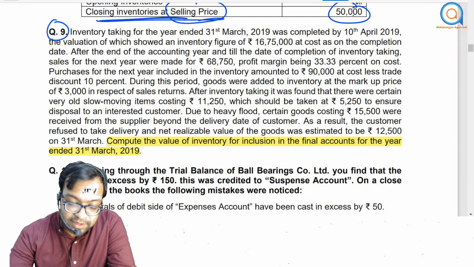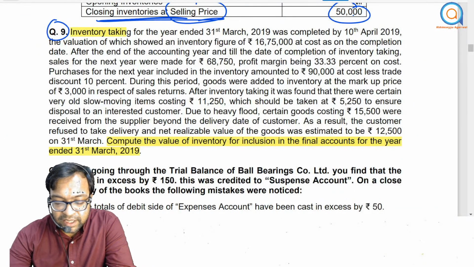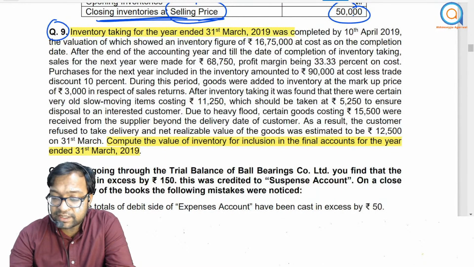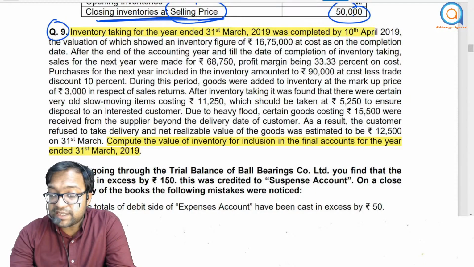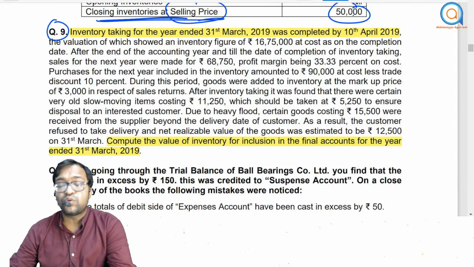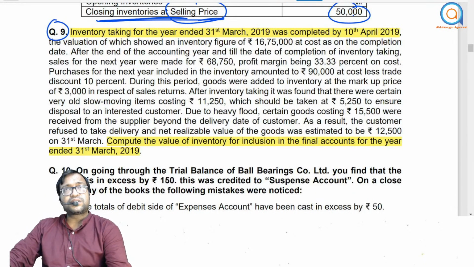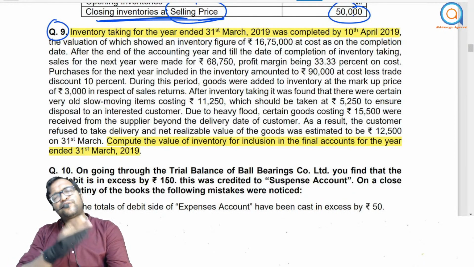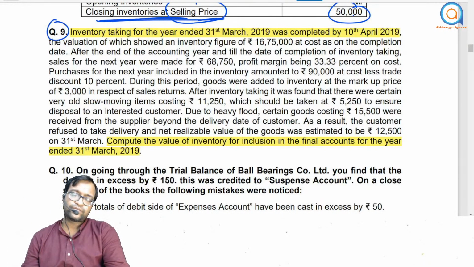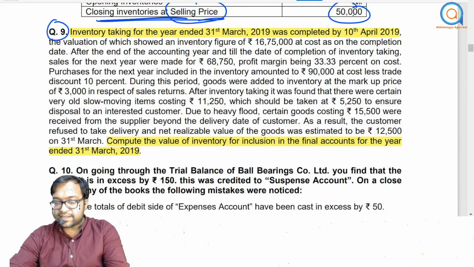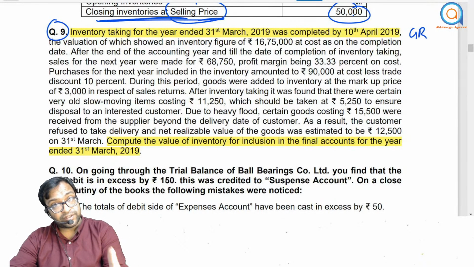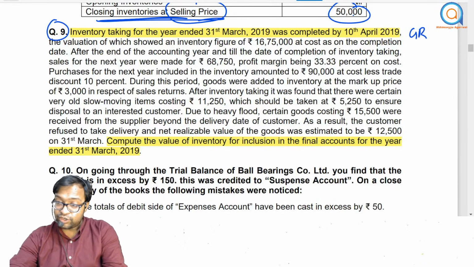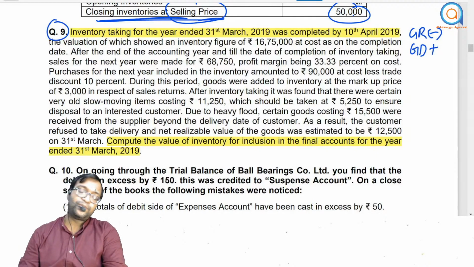Now let's read the first line. Inventory taking for the year ended 31st March 19 was completed by 10th April. Stock taking is done after the balance sheet date. So if there are any goods received, they should be deducted, and if there are any goods dispatched, they should be added.